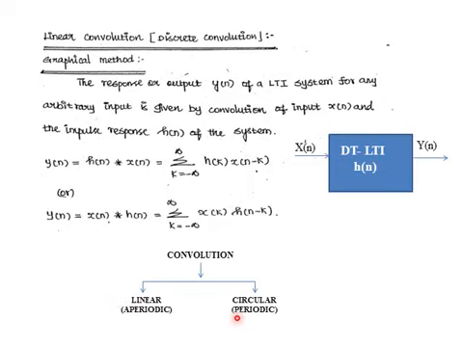And in case the input is a periodic signal, then it is possible to perform only circular convolution between these two periodic signals. So, if the signal is aperiodic, we will be preferring linear convolution, and if the input signal is periodic, you have to go for circular convolution. This is the basic difference between linear and circular convolution.